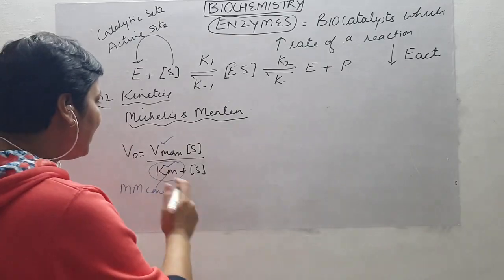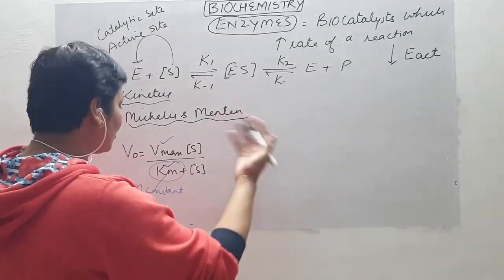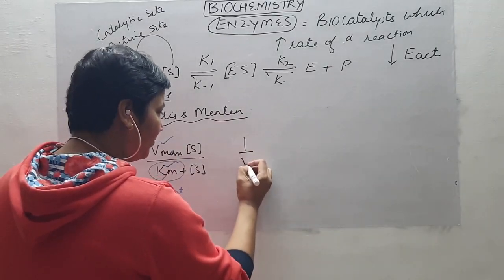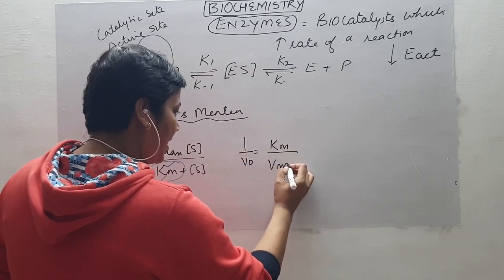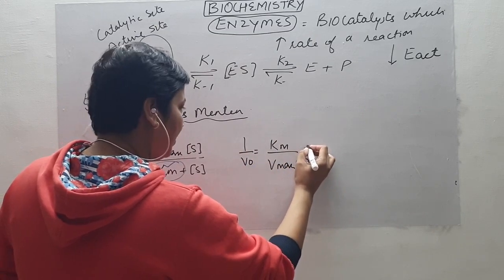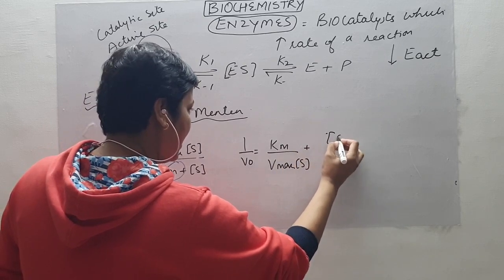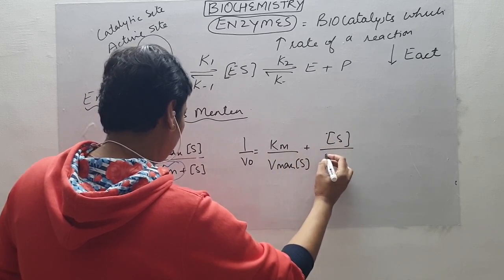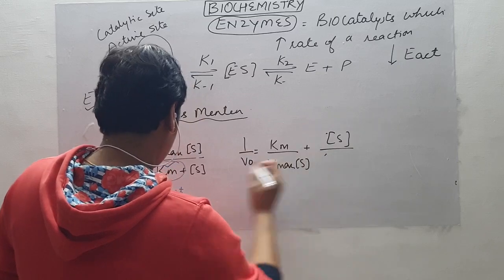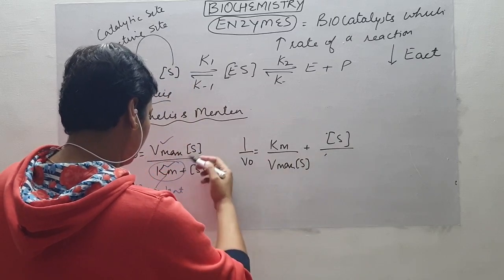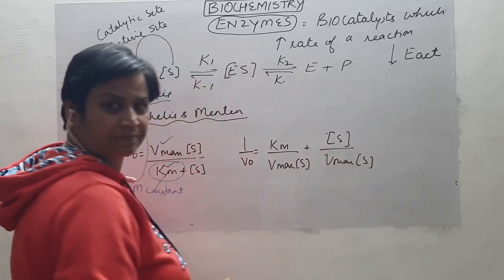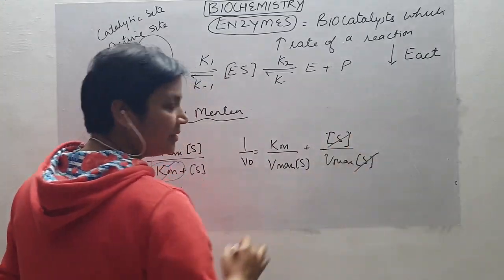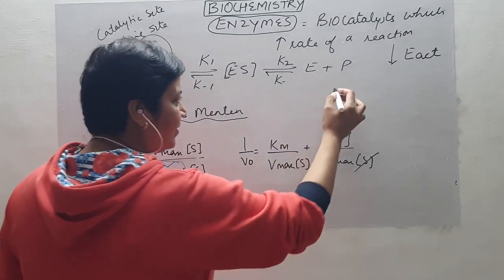The Michaelis-Menten equation, if we reciprocate this, turn it upside down, it comes out to be 1 upon V naught equals Km over Vmax S plus S over Vmax S. This cancels.